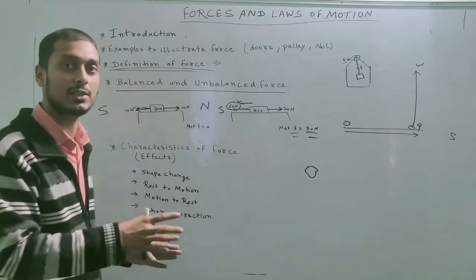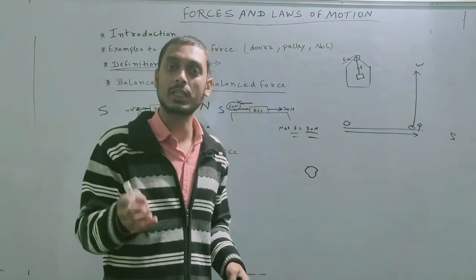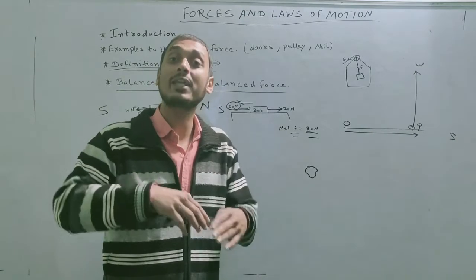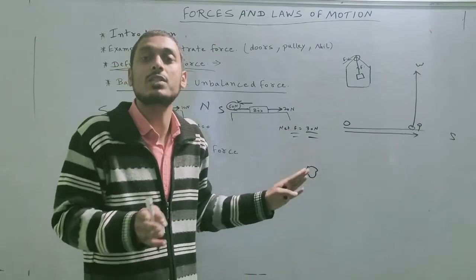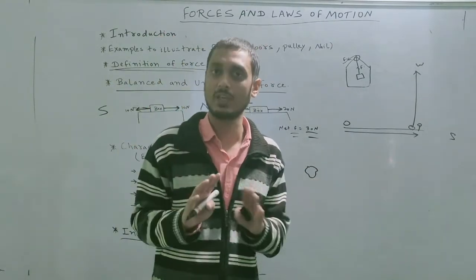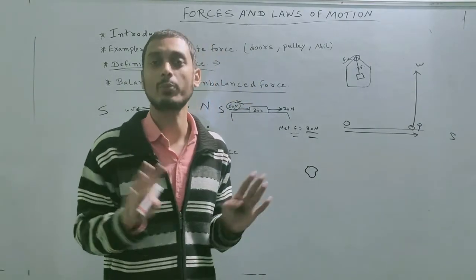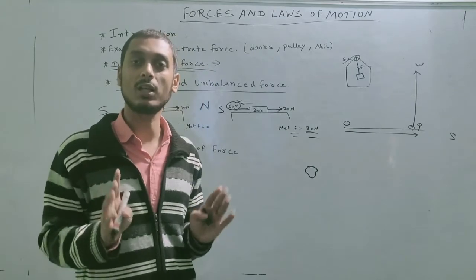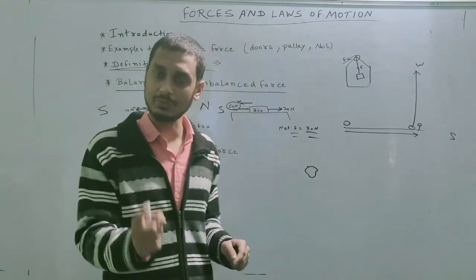Now let me define it. Inertia is the inability of a body to change its state by itself. This is known as inertia. It is the property of every matter, of every object, to resist change by itself unless some external force is applied on it. Have you got it?